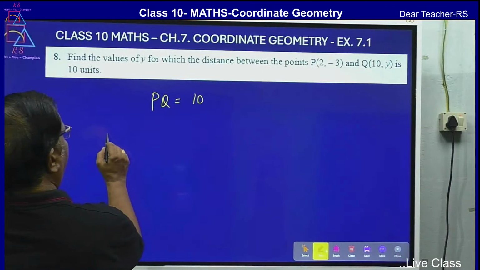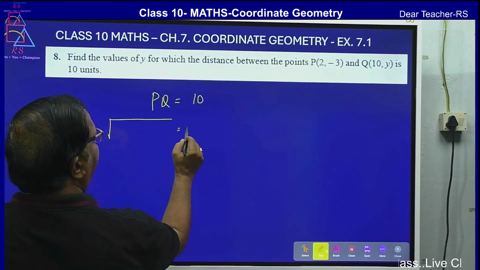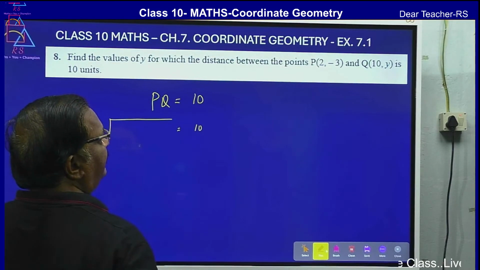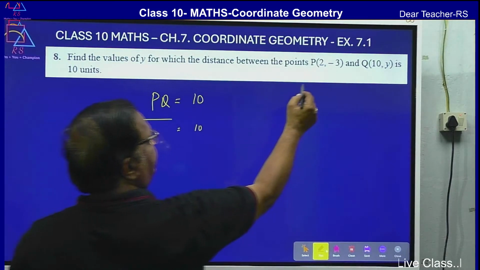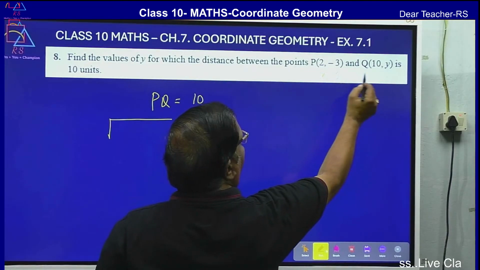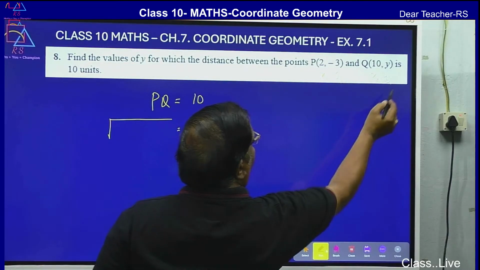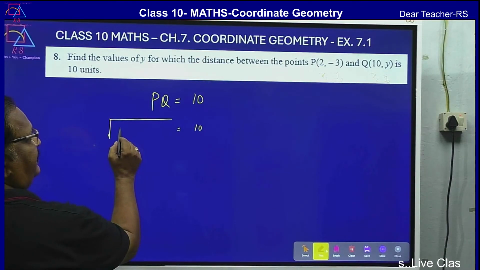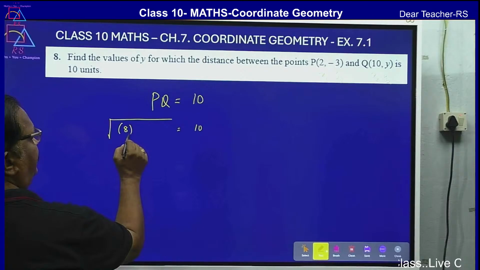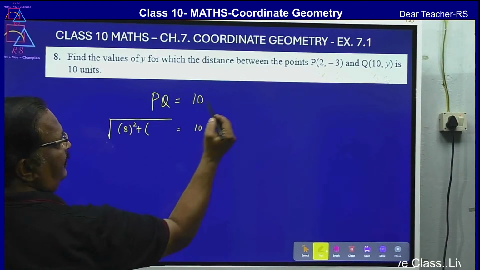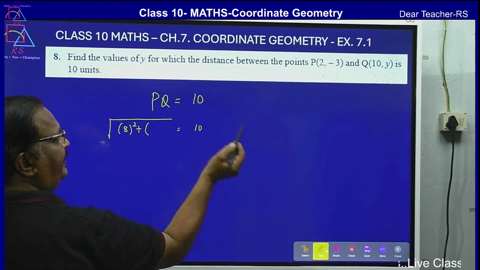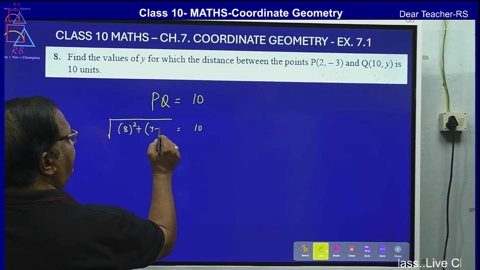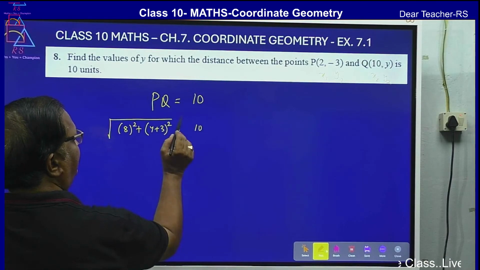So now I write here, and this is 10. Let us say this is x1 y1 and this is x2 y2. So x2 minus x1, 10 minus 2, it is 8 whole square, and y minus minus 3, it is y plus 3 whole square, under the square root, is equal to 10.